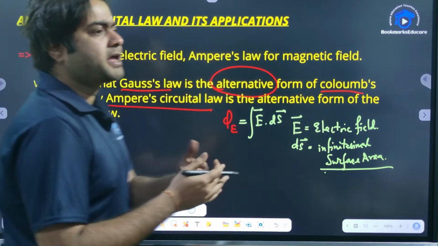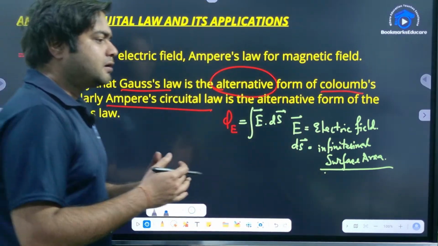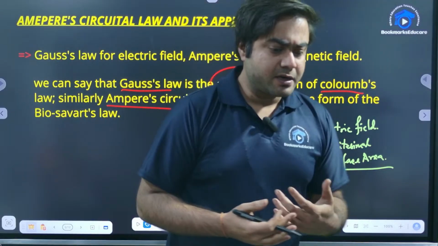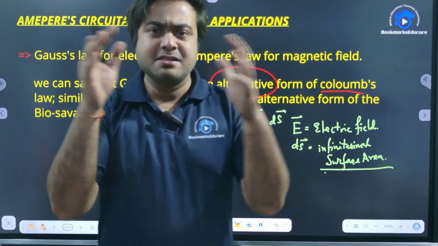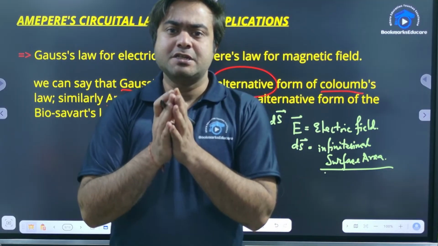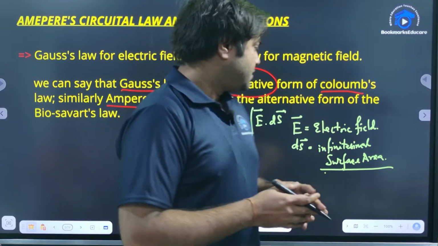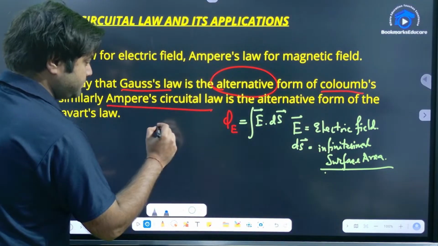In Gauss's law, we used to consider an imaginary surface which is enclosing certain charges.